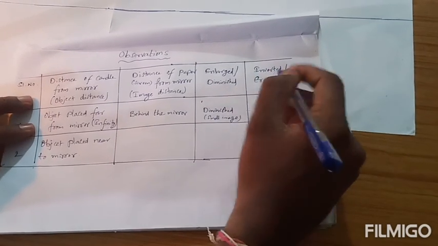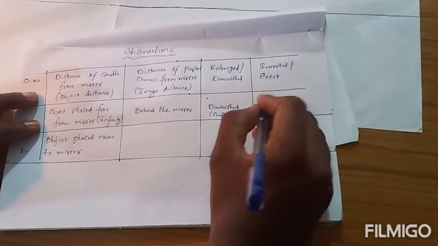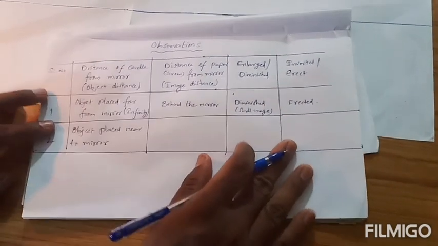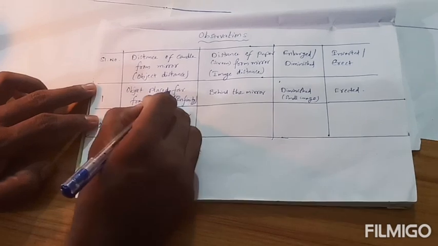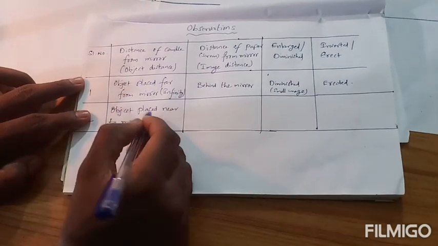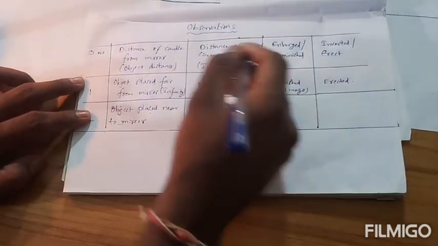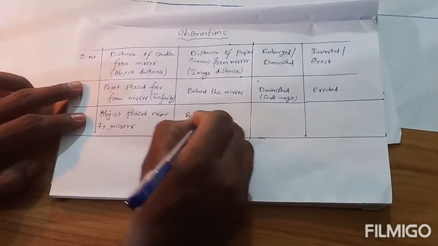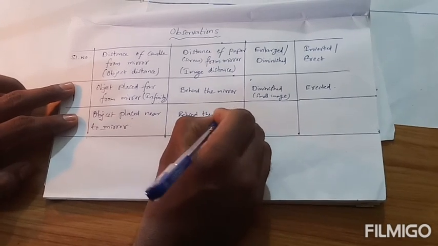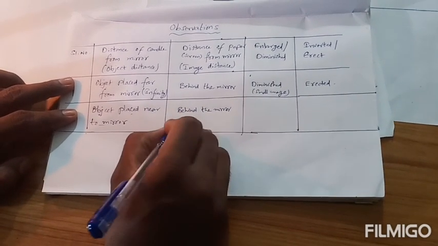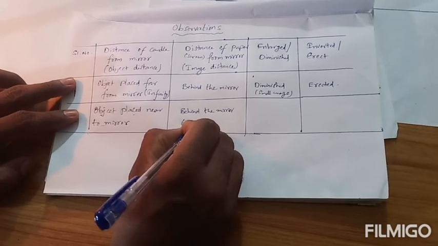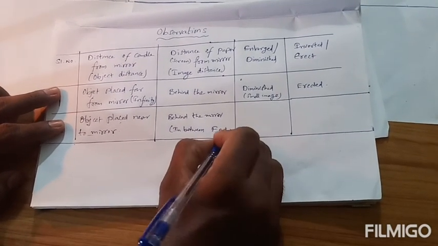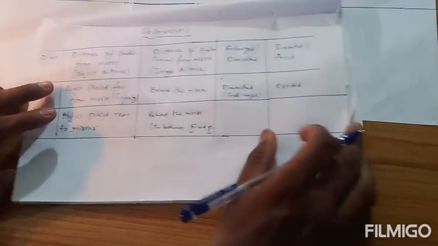Now see, inverted or erect image? We observed that it is an erect image in the case when the object is placed far from the mirror. If the object is placed near to the mirror, the image is also behind the mirror, and mostly it is in between F and P, means focal point and pole.